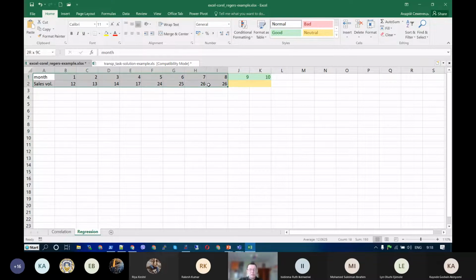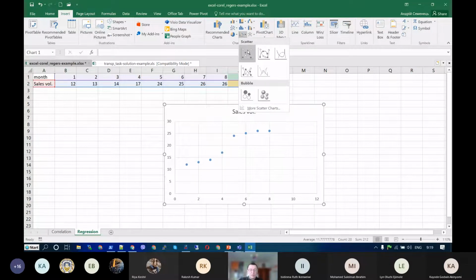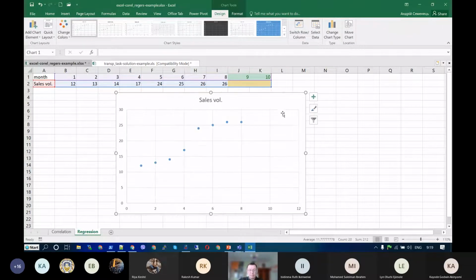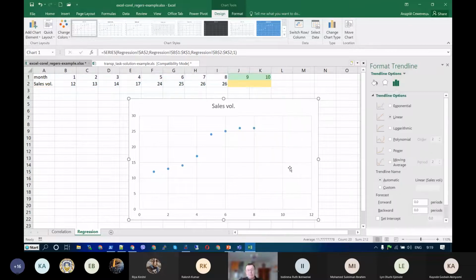So the easiest way, for sure, will be to visualize it. In this case we can also use a scatter diagram, for example, and I can add the necessary trend line models.